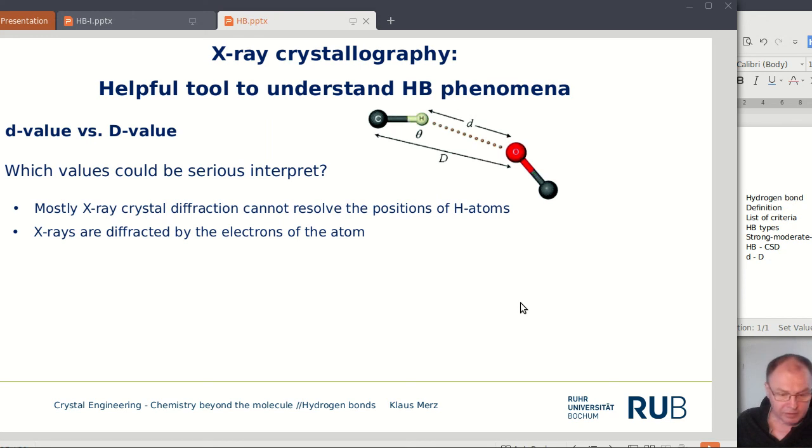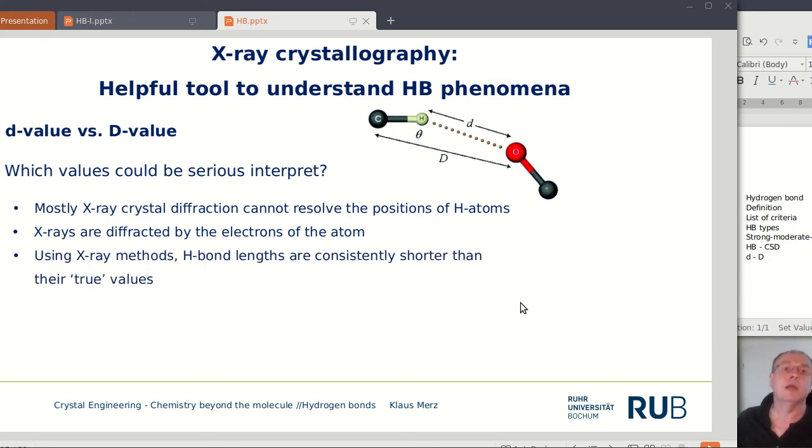Higher electron density means higher interaction. In the case of hydrogen, we are talking of an interaction of X-ray with one electron, not more. The question is, where is the electron located? You know that the electron is not centrally located in the atom.